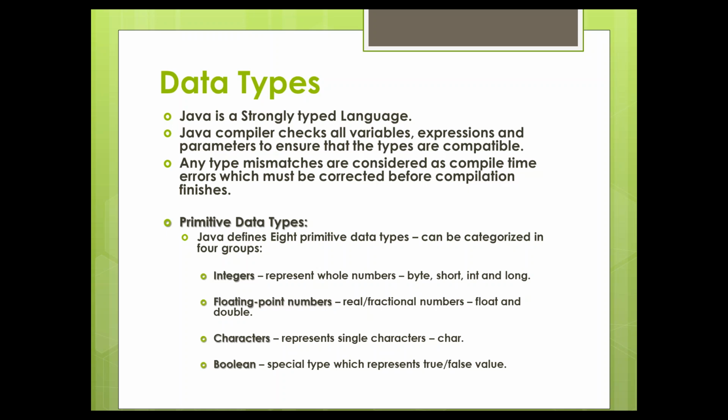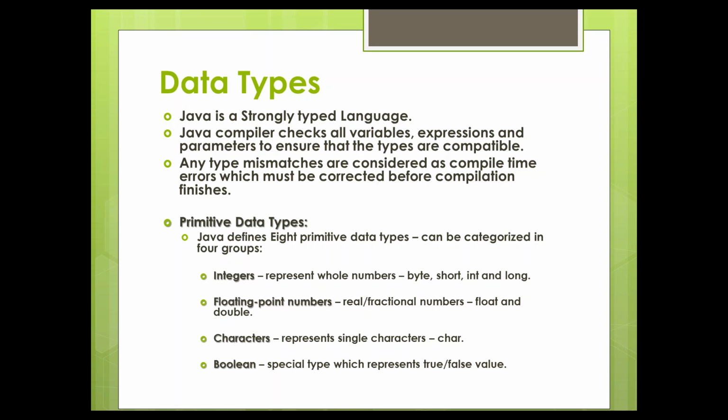Okay, the primitive data types: Java defines 8 primitive data types. They are different types, but they can be categorized into 4 groups. So what are those 4 groups? We have integers. These integers represent our whole numbers.